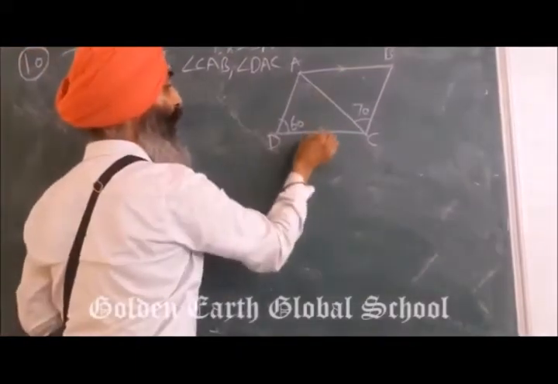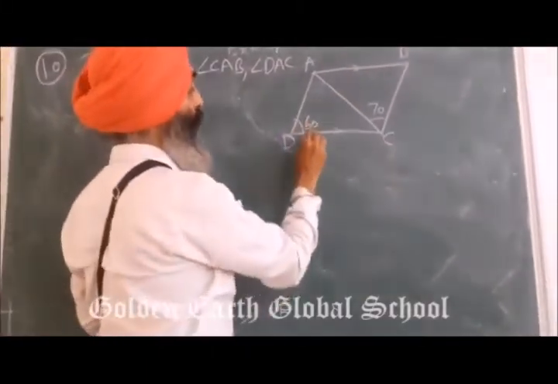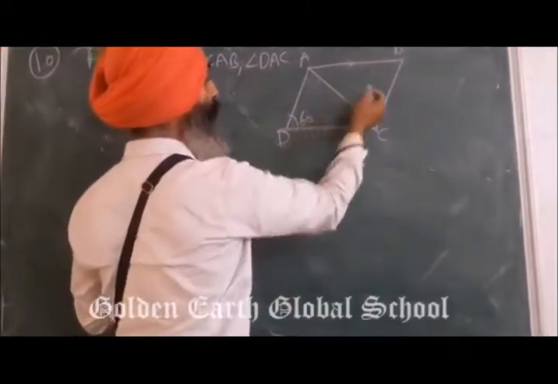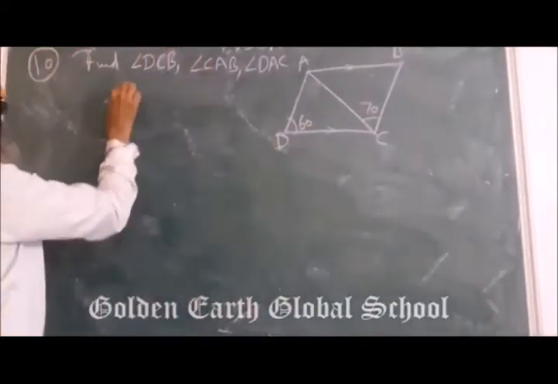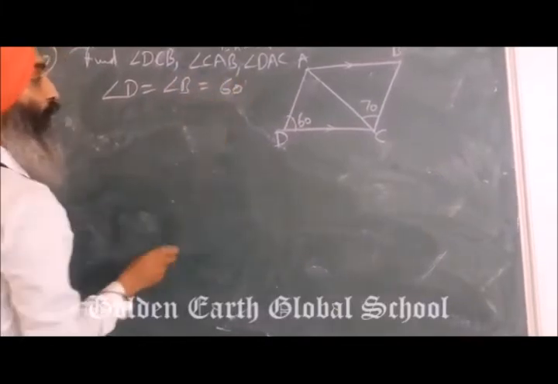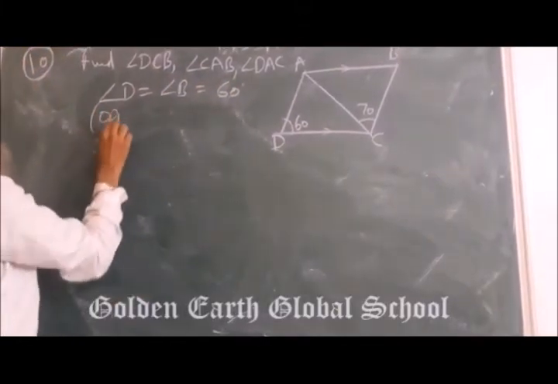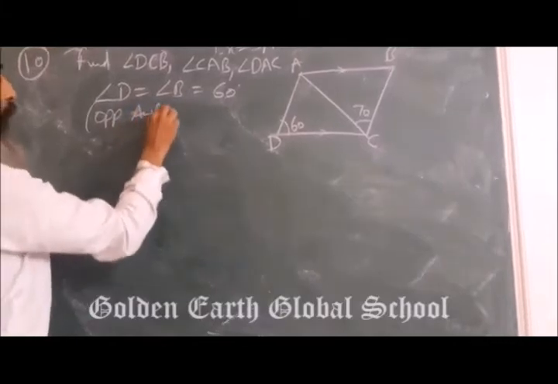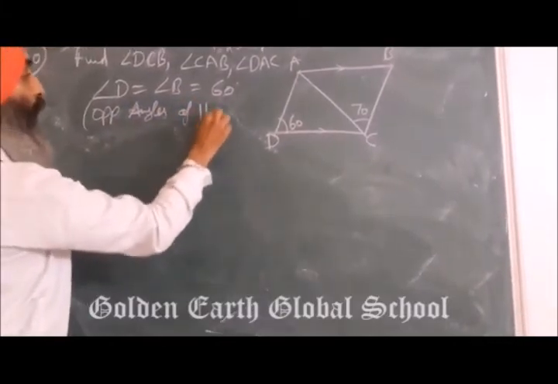In a parallelogram, these lines are parallel and opposite angles are equal, so it means angle D is equal to angle B. So that is 60 degrees because opposite angles of a parallelogram are equal.